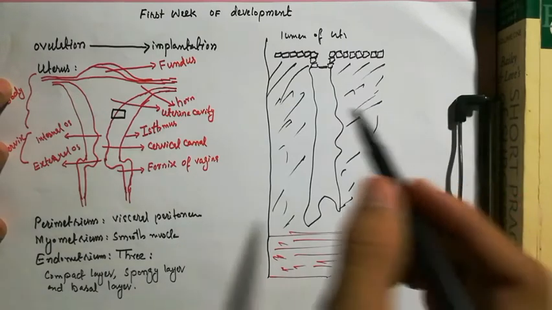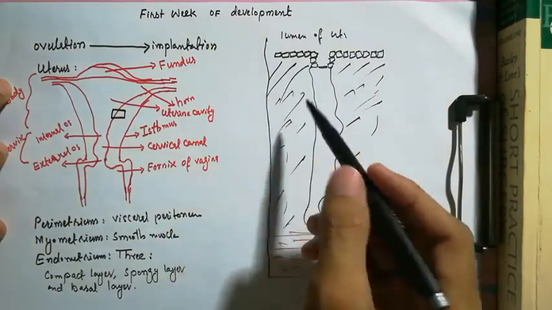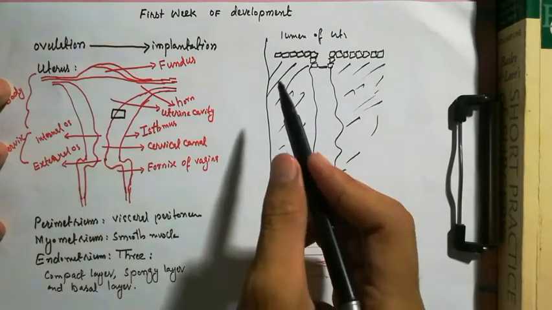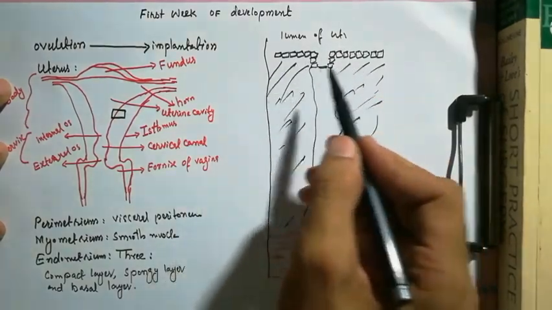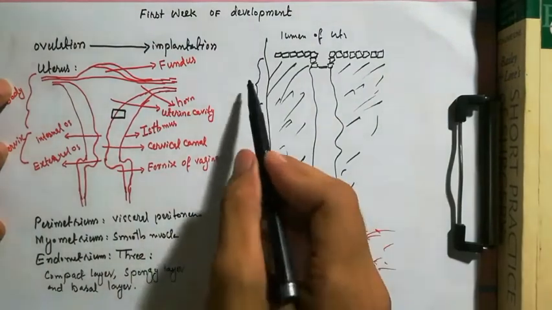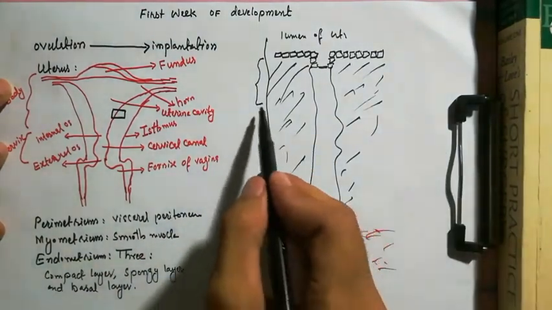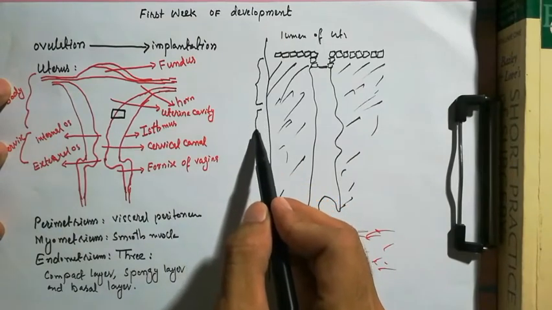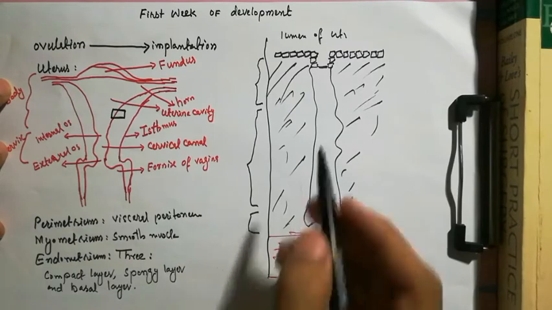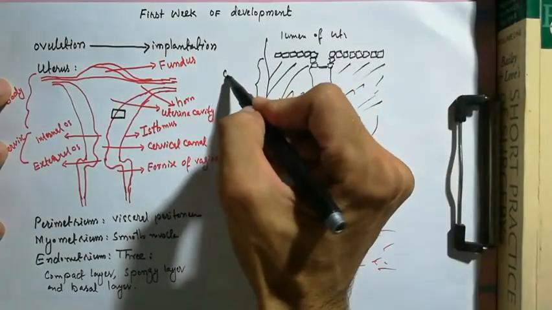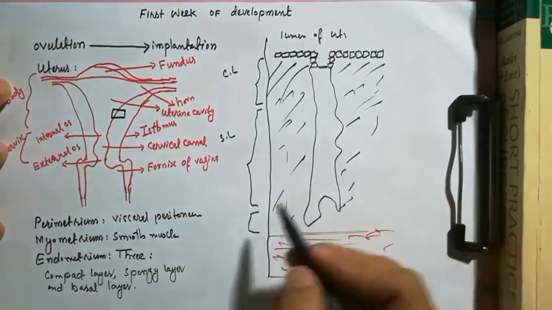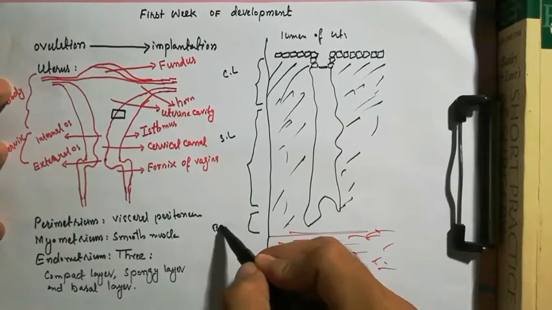Now, endometrium consists of three layers: compact layer, spongy layer, and basal layer. Compact layer is thin layer. This is compact layer, and this is spongy layer, and this is basal layer.